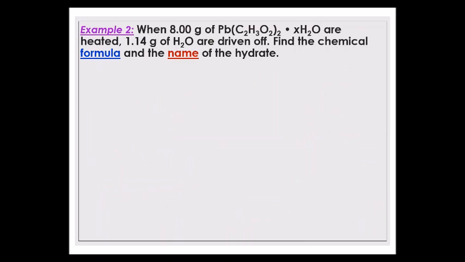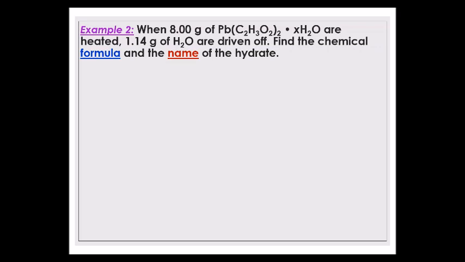I mean, besides it being a different hydrate, it's going to be in step number 1 where the slight difference is. What did they give us this time? What was our input information? Yeah, they gave us the water this time with the hydrate.